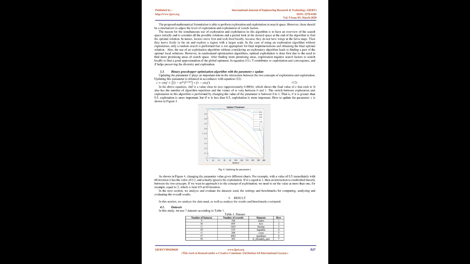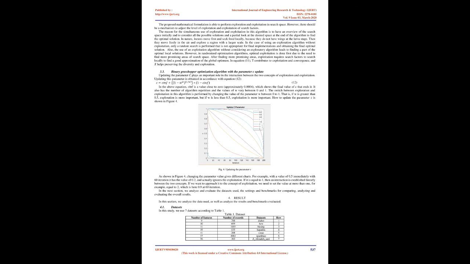Since the decision variable in binary grasshopper optimization algorithm is only between 0 and 1, we use a nonlinear function called V that maps the social behavior of grasshoppers to another function or space and is calculated in accordance with equation 10. Finally, we need to update the location of grasshoppers.